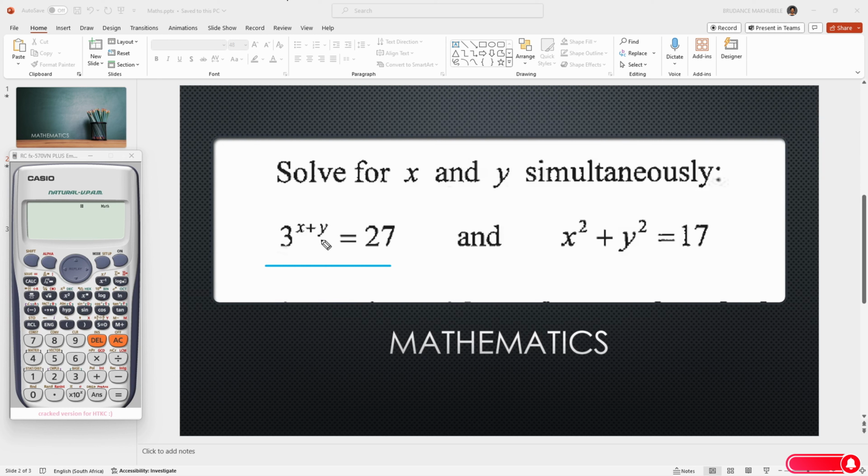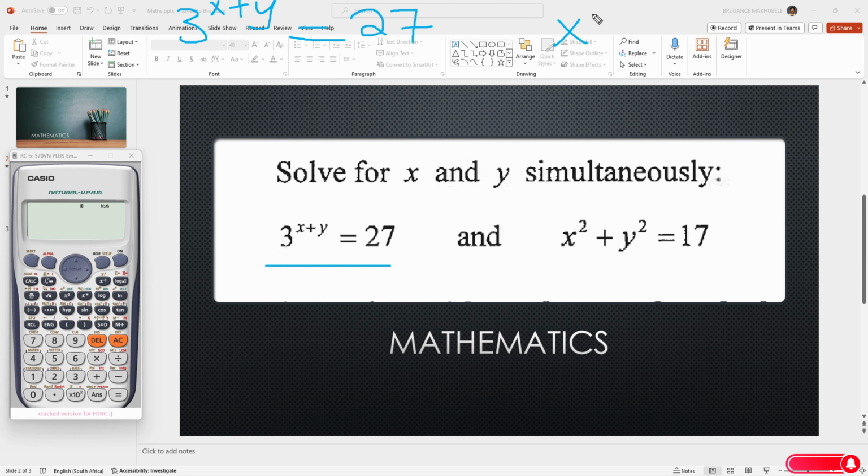Okay, so I'm going to rewrite the equation up here. Let me use this area here. 3 to the exponent x plus y should equal 27.